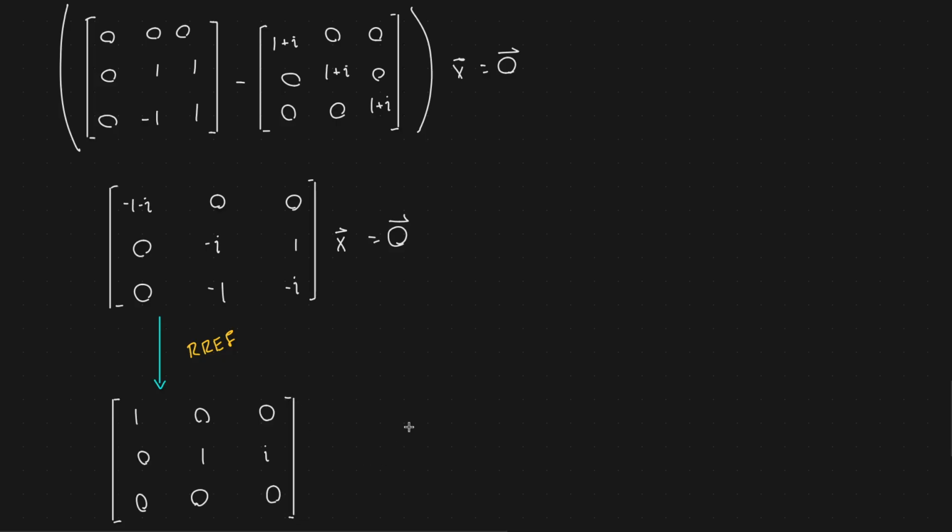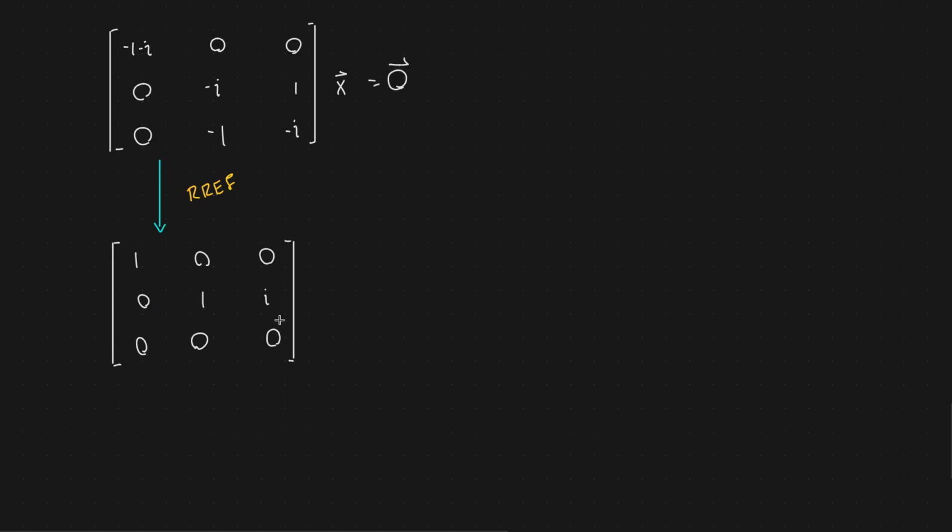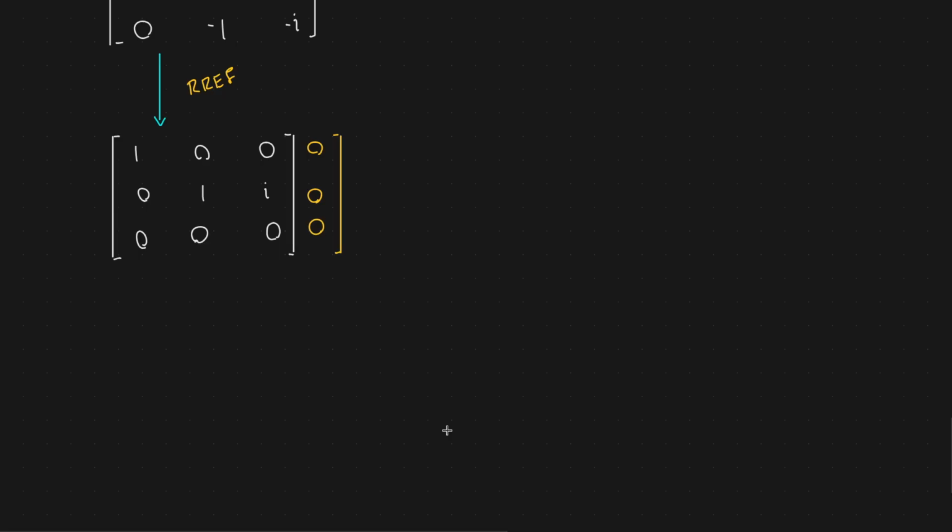So this is in reduced row echelon form. Notice we do have a free variable. Our last variable, x3, does not have a leading entry in its column. If we throw in the augmented zeros, we can use this to solve the homogeneous system. We know we will have a free variable x3.